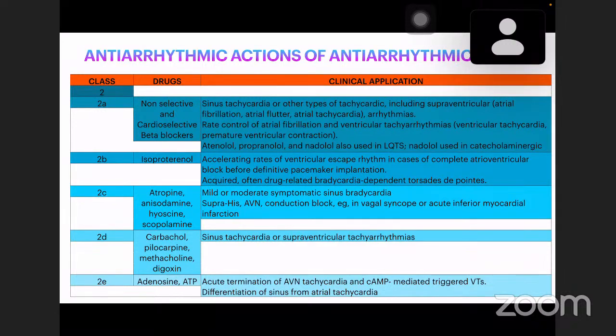Coming to class 2C, all the symptomatic sinus bradycardias, we can use atropine, hyoscine, scopolamine, and for AV node conduction blocks and vasovagal attacks, everything. And coming to class 2D, sinus tachycardia and supraventricular tachyarrhythmias. Class 2E, as we know, all AV node tachycardias and supraventricular tachycardias. And it can also be used for differentiation of sinus from atrial tachycardia.